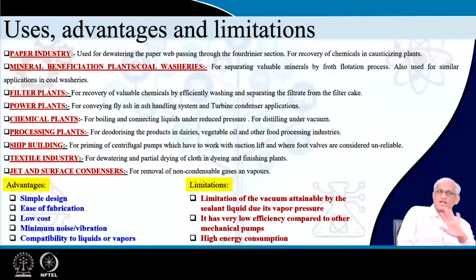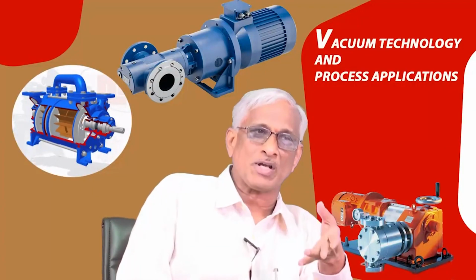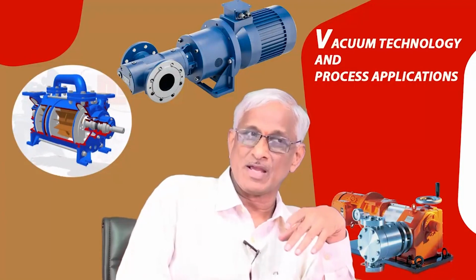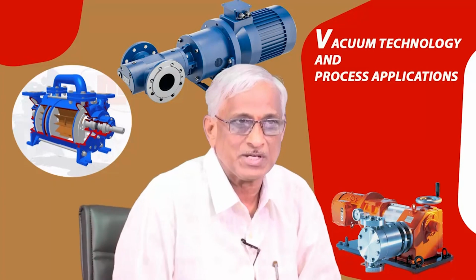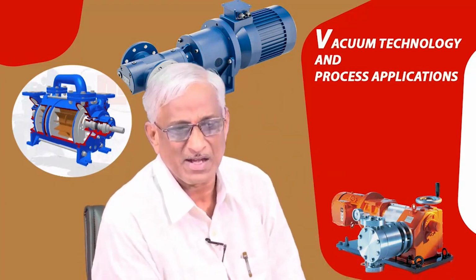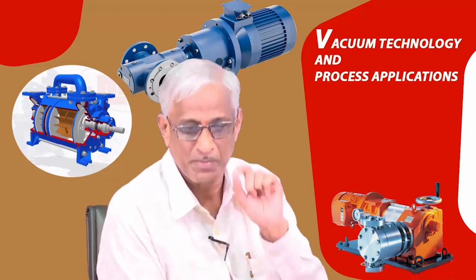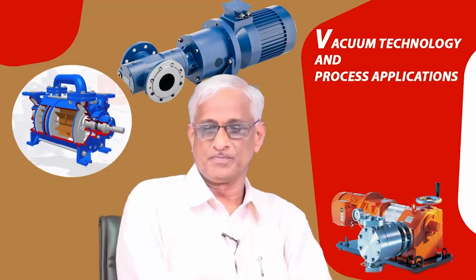But these are not at all used in other industries like semiconductor applications or high vacuum applications. You cannot employ these pumps. These are mostly used for a maximum of up to 1 torr type of applications in connection with steam jet ejectors or booster pumps, etc. These are typical chemical, pharmaceutical, food processing applications or paper drying applications.